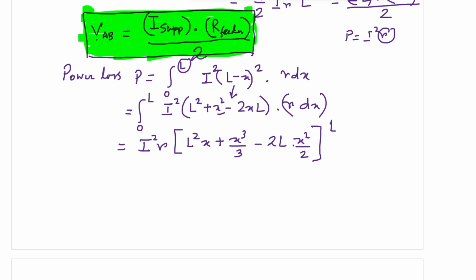So if you put in your limits, finally you will get I square into R, that will be L cube. The second term will be L cube by 3, and the third term will be again L cube.